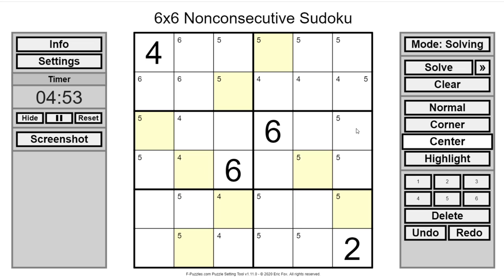So then that's a 4. 5 here forces 5 there, there, and there.